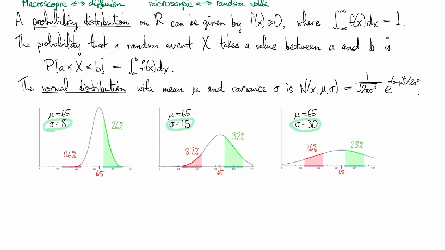Probably not my class, because my averages tend to be higher than 65, but anyway, the chances that you get a score between 25 and 45, well, you have a 0.6% chance of having that. It's a tiny, tiny fraction. Whereas the chances that your score is between 70 and 90, well, you have a 26% chance. So a bit over a quarter of the area under the curve is over that interval right there.